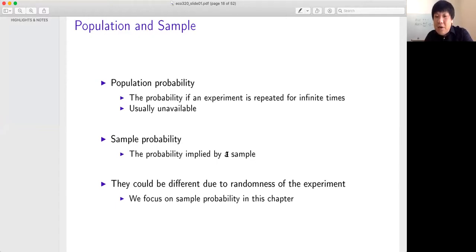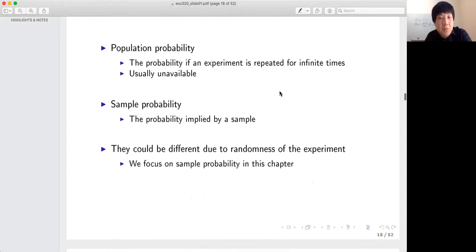Later I'm going to discuss why having a larger sample size is really important. If I have only 5 flips, there is a chance that heads comes up all 5 times, and then the probability of tails would be 0, but that is not true. So you've got to have a huge sample size. Population probability is in the sense of infinite time: if you flip a coin infinitely many times, you're going to have 50 and 50.